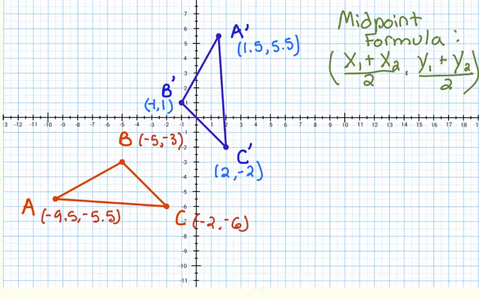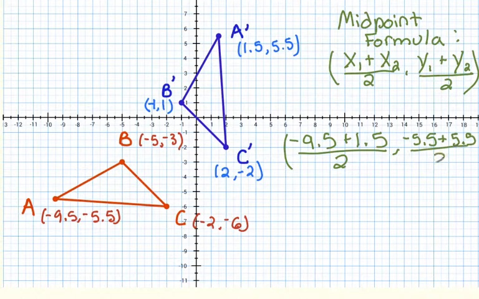So first we're going to do the midpoint of A to A'. So it's going to be -9.5 plus 1.5 divided by 2. Now we're going to work with the y coordinates, which is -5.5 plus 5.5, all that divided by 2.